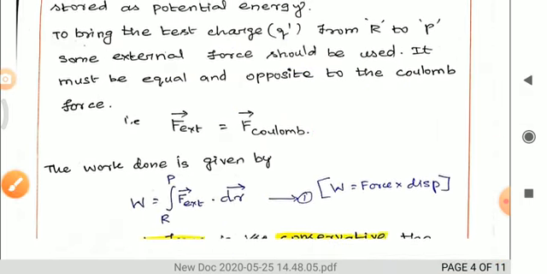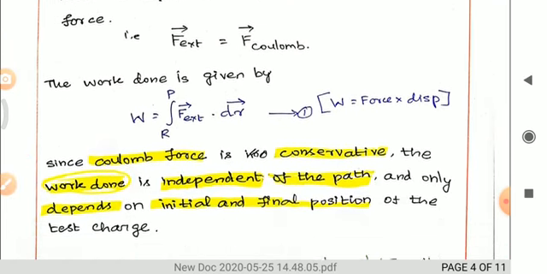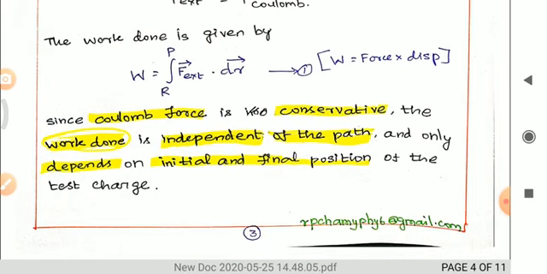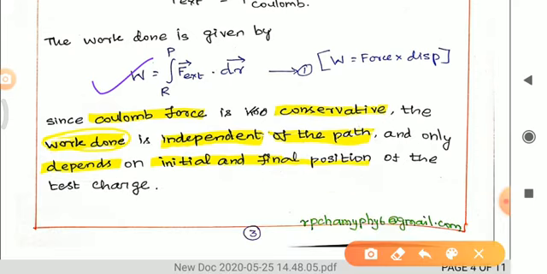Now what is the amount of work done to bring this test charge from the point R to the point P? It is given by W equals the integral from R to P, where R and P are the initial and final limits, of force into displacement.